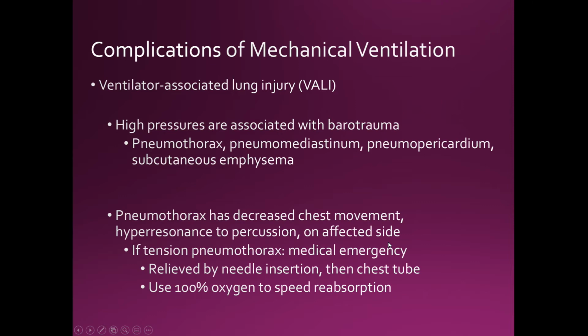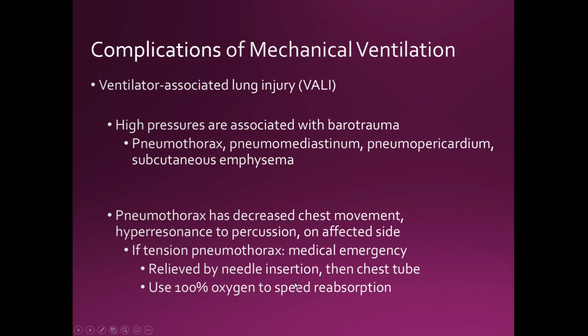The telltale sign for a pneumothorax is any type of tracheal deviation. That's going to give you the location of the pneumothorax. For example, if it shifts to the left, then your pneumo's on the right, and vice versa. If you have a tension pneumothorax, you're going to get some help, because that's a medical emergency.